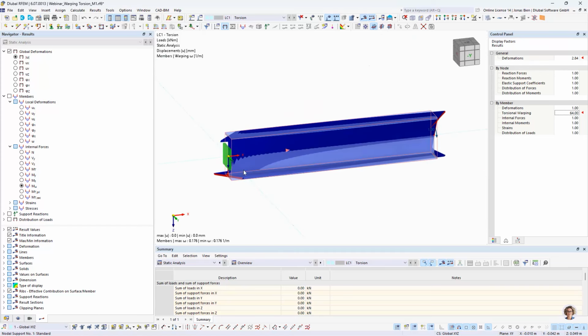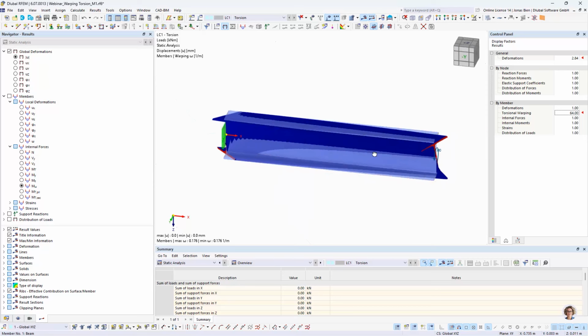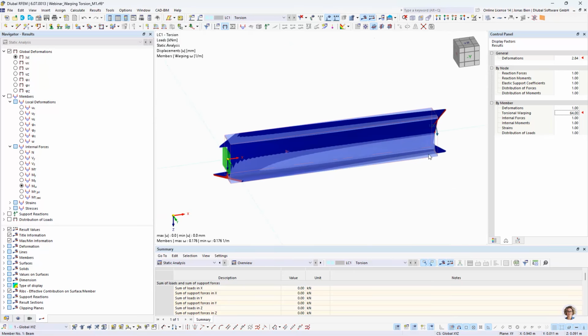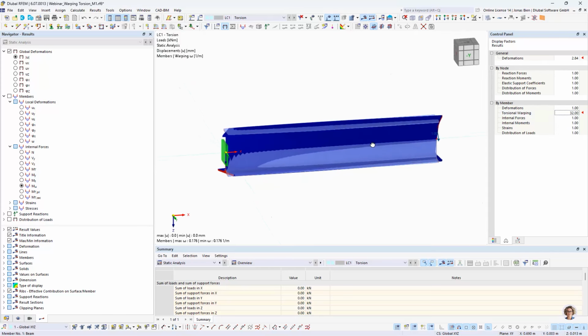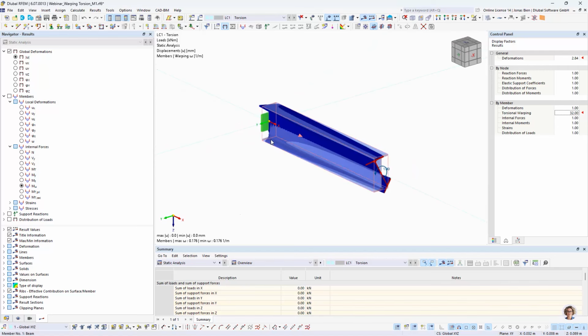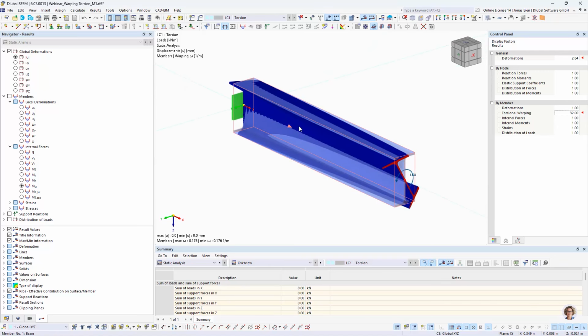So we don't have any warping restraint here, and that's why this cantilever can freely warp at both ends. And as long as we don't have any warping restraint, then it's just deforming in this mode. But from this warping deformation, we don't get any additional forces or stresses in the beam.